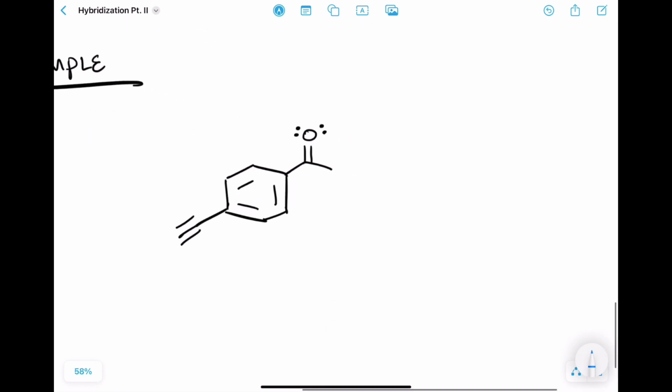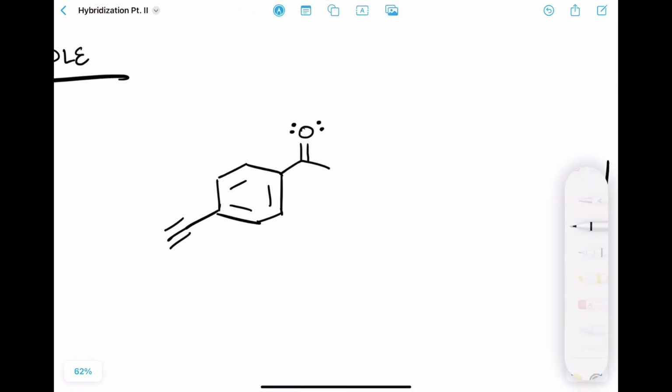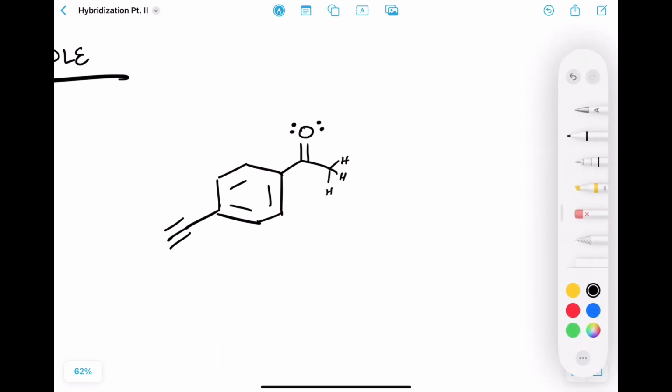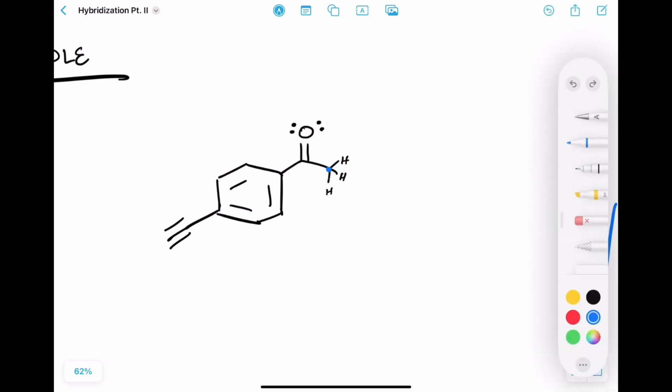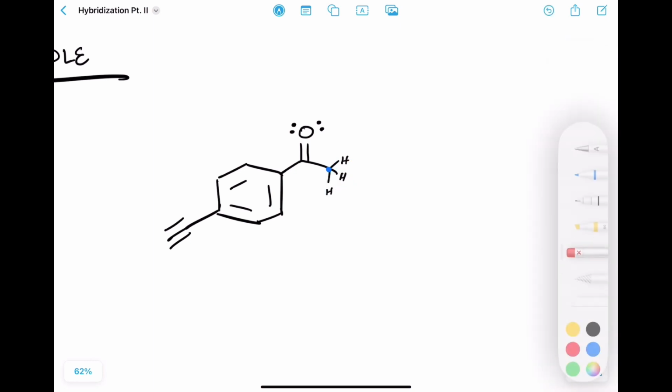So if I draw the implied hydrogens around this carbon right here in blue, how many domains does this carbon have? 1, 2, 3, 4 domains, and therefore it's going to be sp3 hybridized. So this carbon right here, sp3 hybridized.